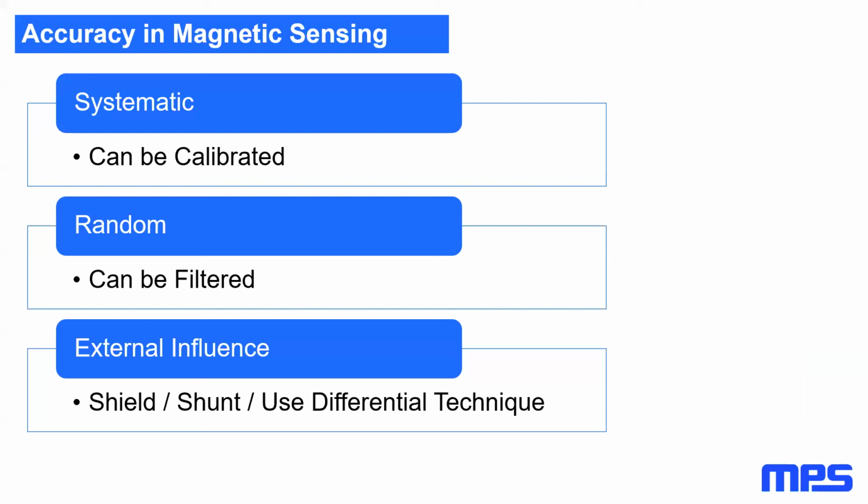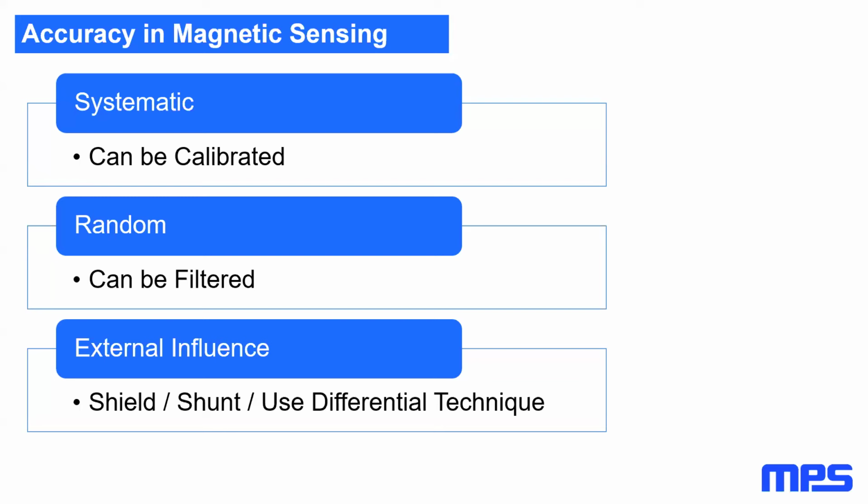Those are the two types of products that MPS makes, and so that's what we specialize in here. But in both, there are three categories. There's the systematic errors that can be calibrated out. There are random errors that can essentially be dealt with by filtering. And then there's the external influence.